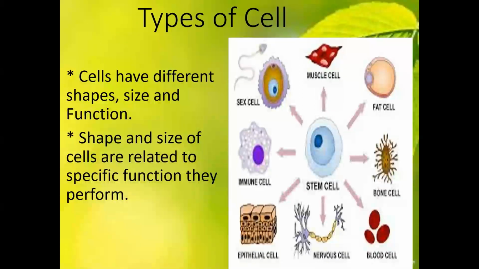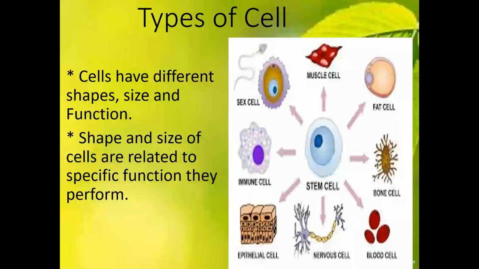You can see over there, muscle cells are appearing as spindle shaped. Spindle shape means broad at the middle, tapering or pointed at the ends. Fat cell is spherical shaped. Sperm and ovum have their own particular shapes.